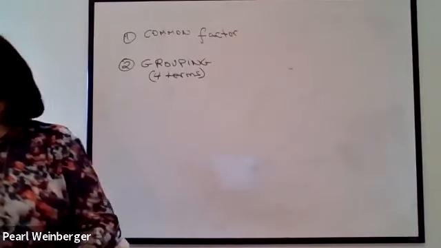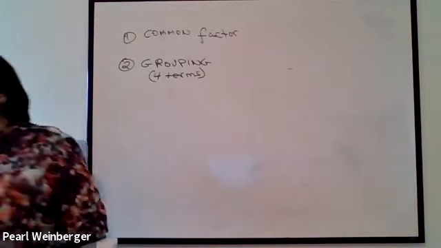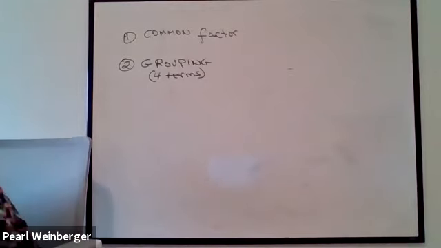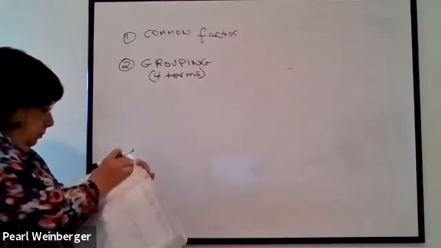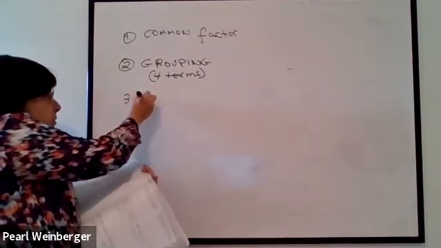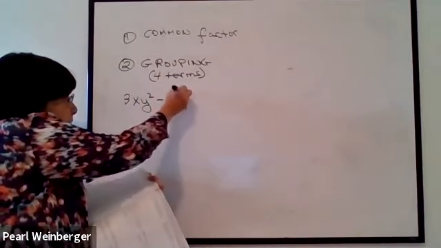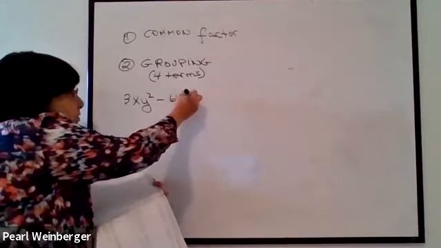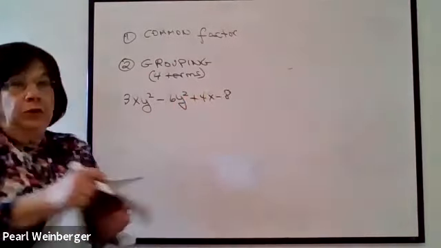Let's say I have something that looks like this: 3xy squared minus 6y squared plus 4x minus 8. I have this polynomial that consists of 4 terms.